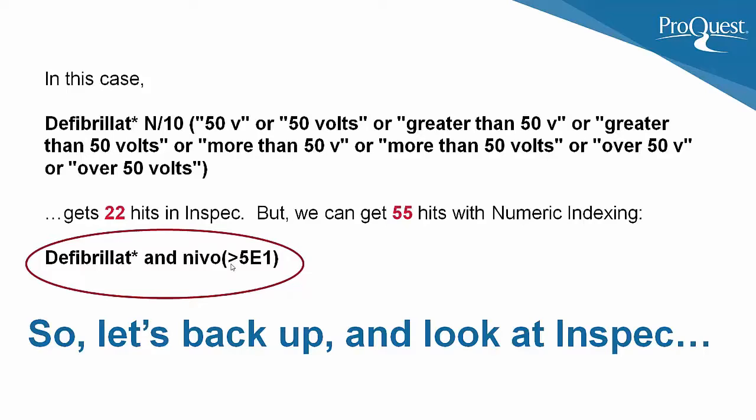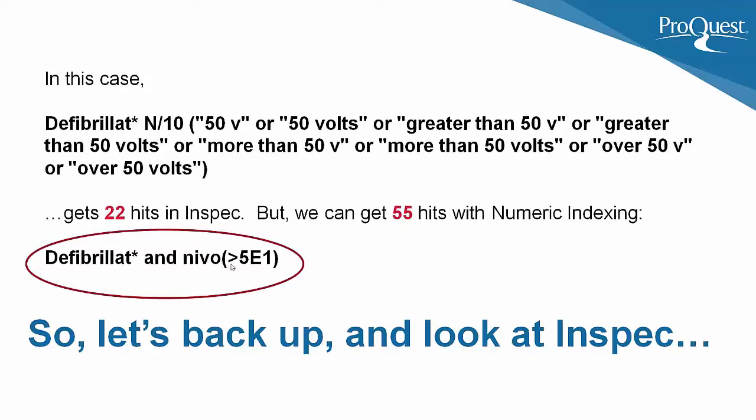And we have inside that field greater than, and 5E1 is simply the numeric indexing format to write out 50, because it is 5 plus 1 0, 50, or 5 plus one more decimal place, 5E1. And we'll be discussing how all of that works at some length before very long.